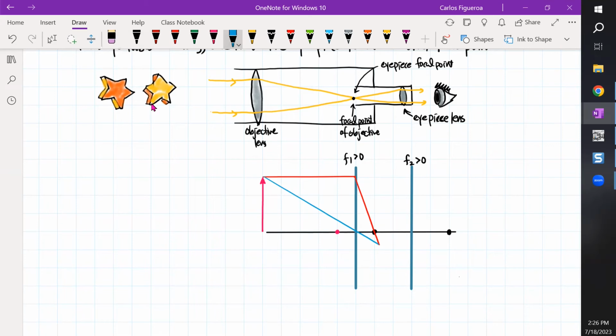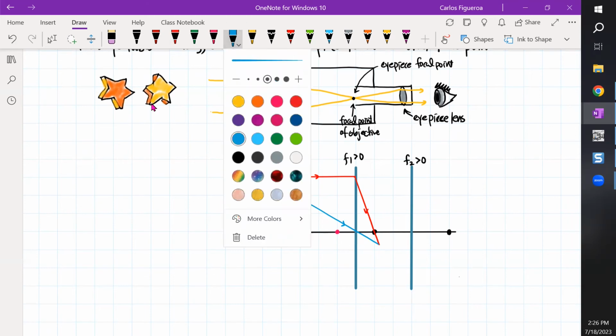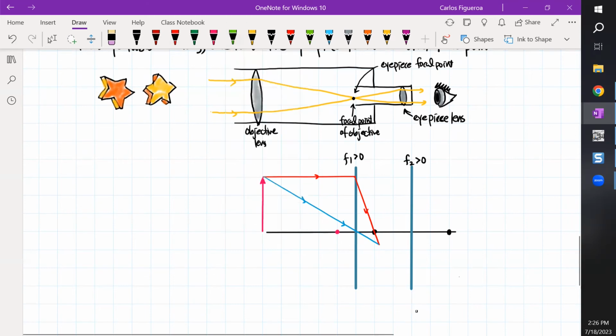So what you're seeing here, there's ray number 2, there's ray number 1, and look at the image that it's going to produce here. The image that it produces here is going to be an image close to both focal points.